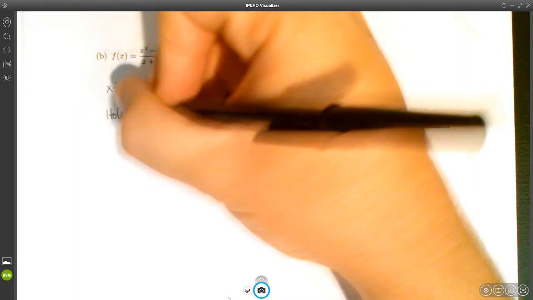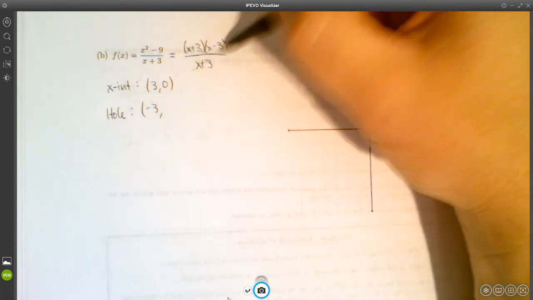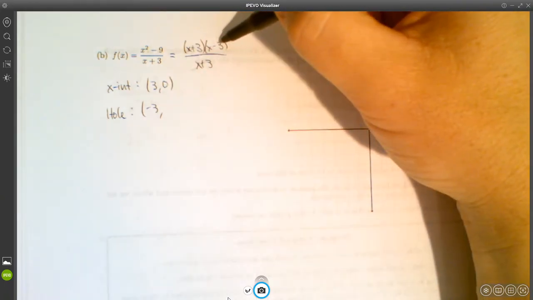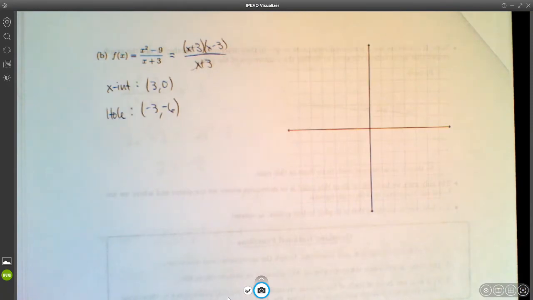Hole at negative 3. What would the y-coordinate of my hole be? Well, if I cancel off the common factor, then I get x minus 3 as my leftover. And if I plug in negative 3 there, negative 3 minus 3 is negative 6. So I must have a hole at (negative 3, negative 6).